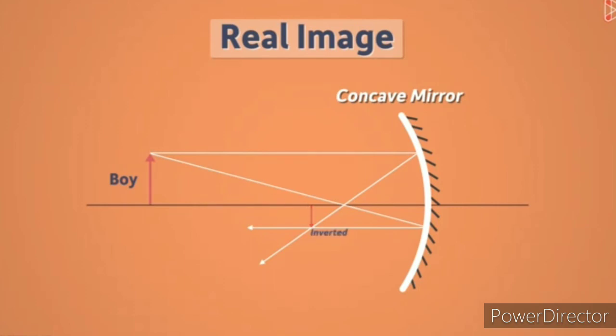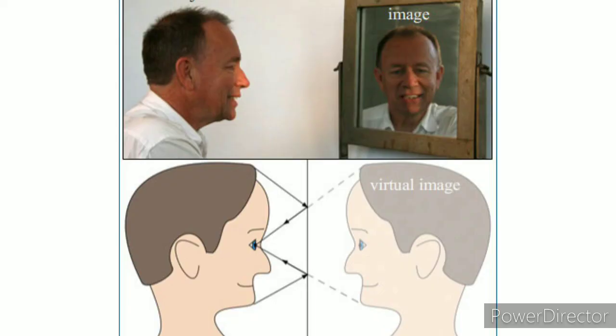One important thing we need to know is that real images formed by a concave mirror are always inverted. You see, in this case, the image is formed on the same side of the mirror as the object is. Real images are always formed on the same side as the object, and light rays actually reach this position.